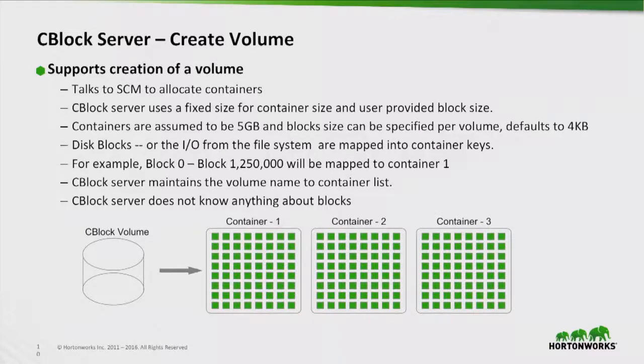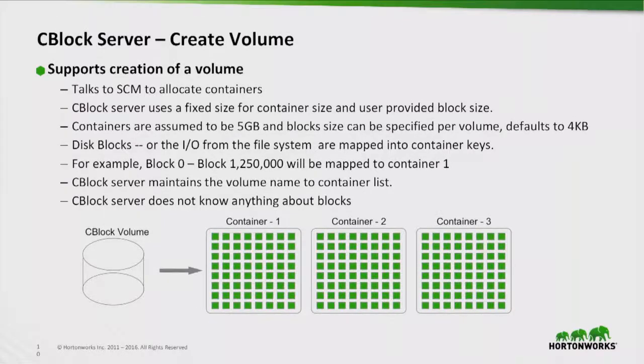The CBlock server uses a fixed size for the container, given the block size provided by the command. The containers are assumed to be 5 GB each, and the block size is also fixed, defaulting to 4 KB, but you can specify that when you create the volume.